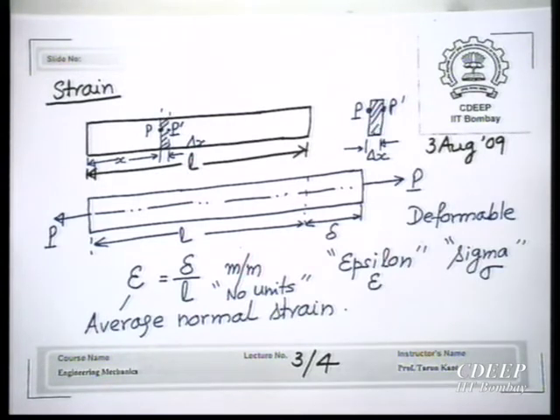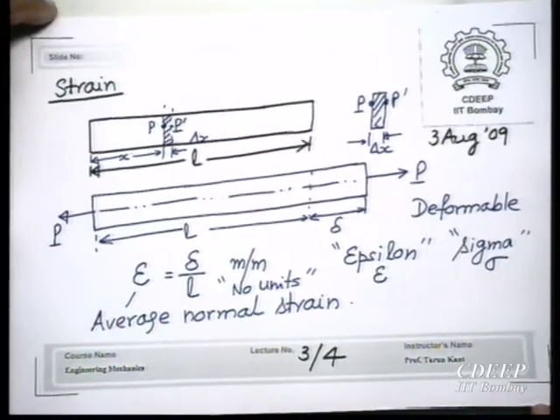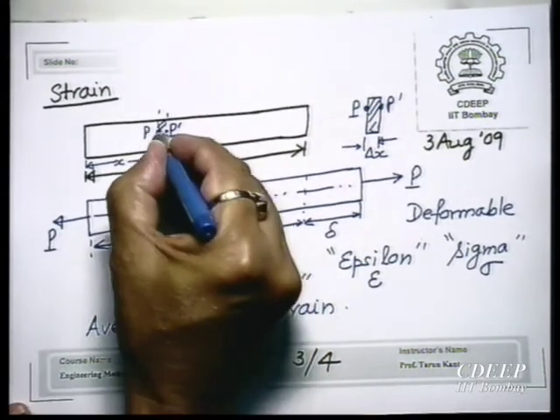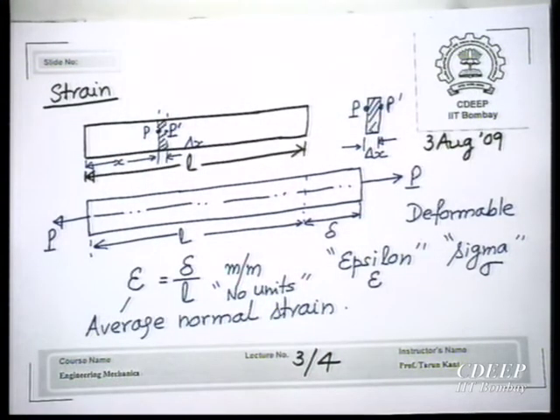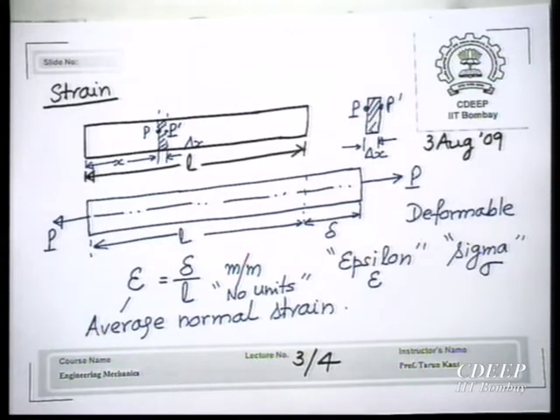So if you want to find the strain at point P, we have to check how this small element, which is infinitesimally small, with P and P dash very close to each other, elongates.